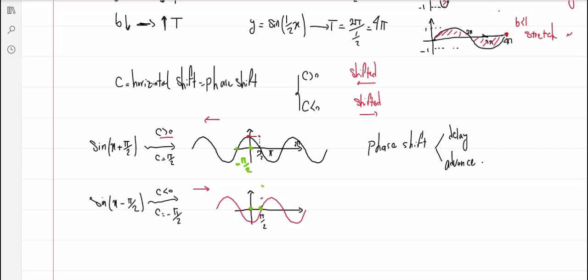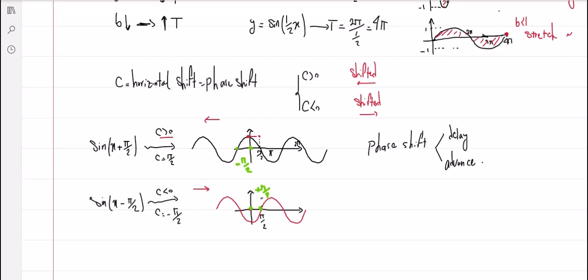And this one moved by pi over 2 to the right, plus pi over 2 to the right. So it means that on the first one, the initial point actually started earlier than the usual, because it should have been started at the 0 point, but it started at the minus value, which is actually earlier than the 0 one.